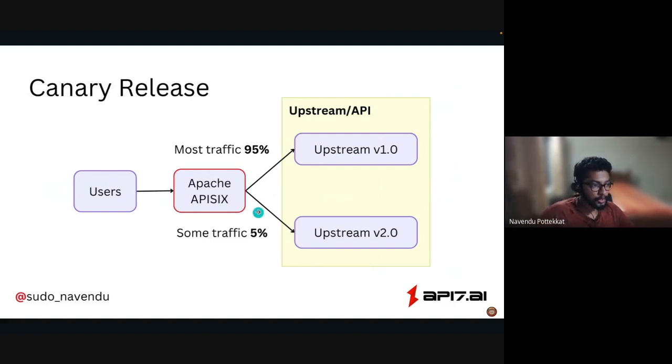So initially, you can configure APISIX to route most of your traffic to your version one or your existing version of the application, and route only some traffic to the new version of the application. And as time progresses, as you test your new API, you can then gradually increase this percentage and then gradually route all traffic to this new upstream.